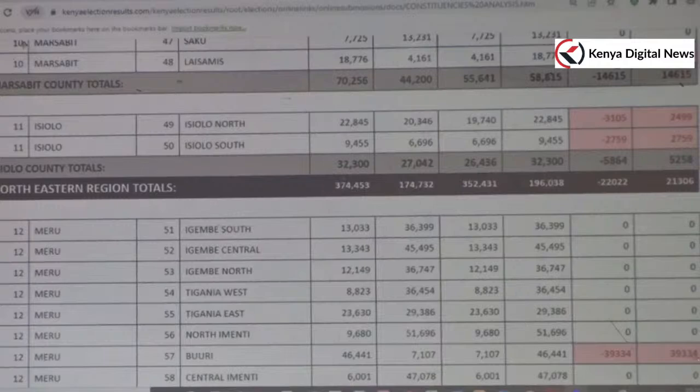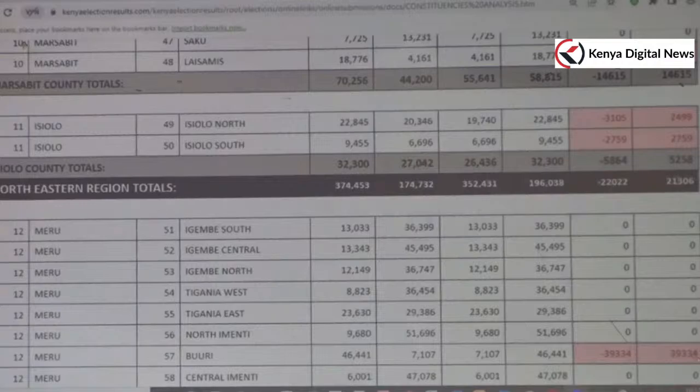But in our analysis on the other side, it gave Jacob 374,000 votes and Dr. Ruto 174, meaning 22,000 votes were taken from Jacob and Dr. Ruto added 21,000 votes. You may think these are the so-called hot air, but I will show you where they come from.